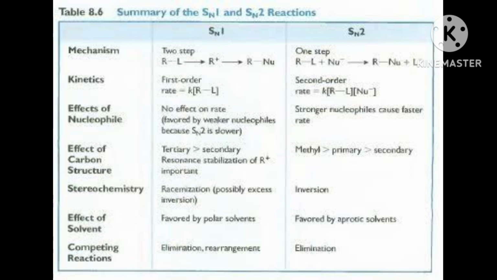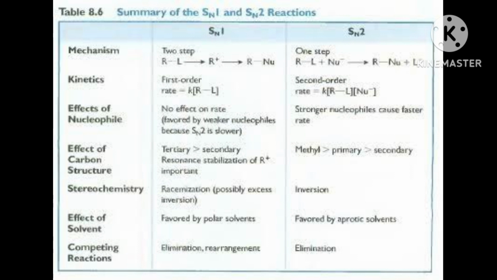Because here the carbocation will be stable. The presence of the three methyl groups makes the carbocation strong. That's why this carbocation forms fast, and because OH comes later, the rate of reaction does not depend on OH attack.